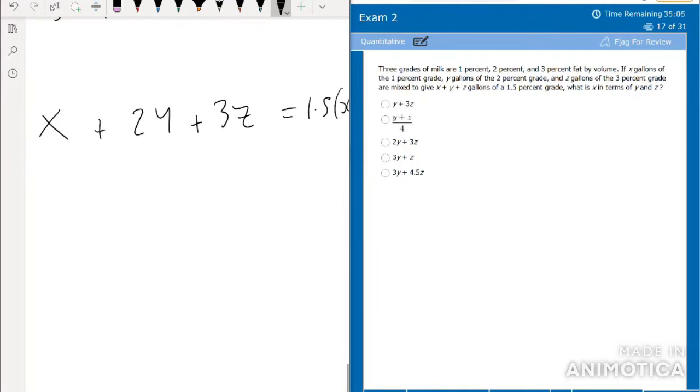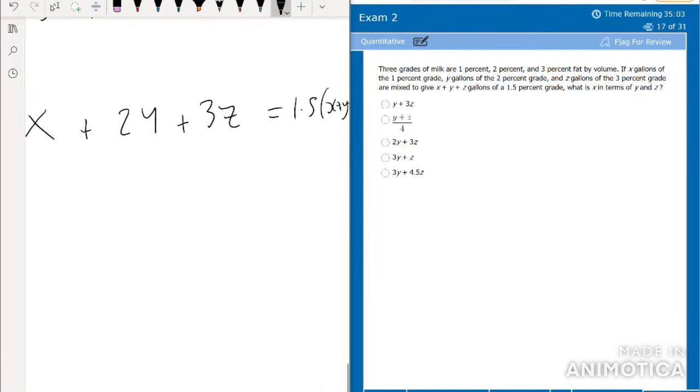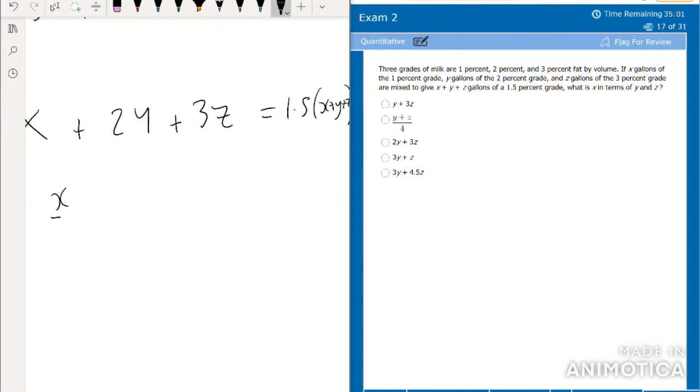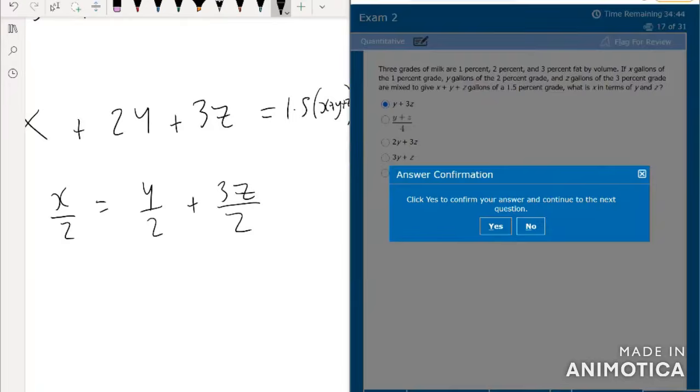And so basically we get, rearranging that, x over 2 is equal to y over 2 plus 3z over 2. And so x equals y plus 3z. And that's it. Okay, nice and easy.